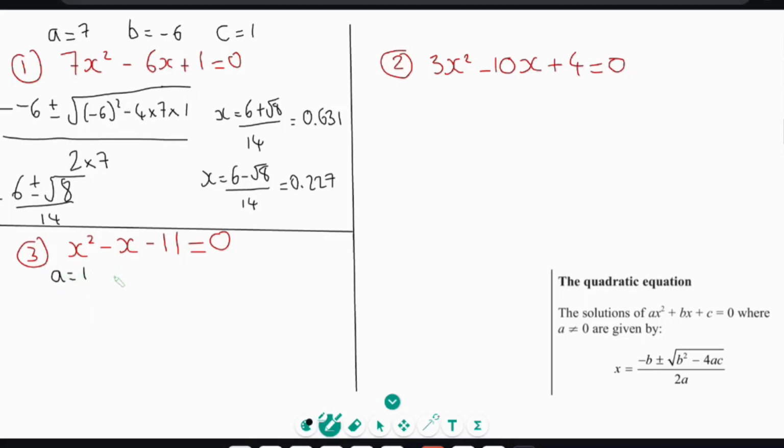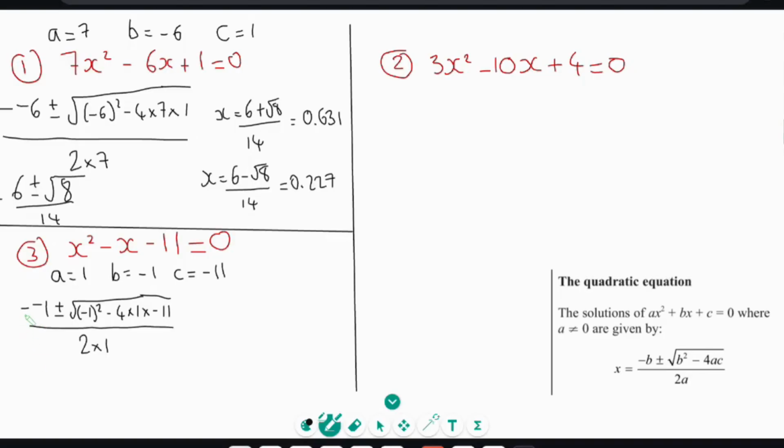A is 1, b is -1, c is -11. So minus -1 plus minus the square root of b squared minus 4 times a times c, all over 2 times 1.